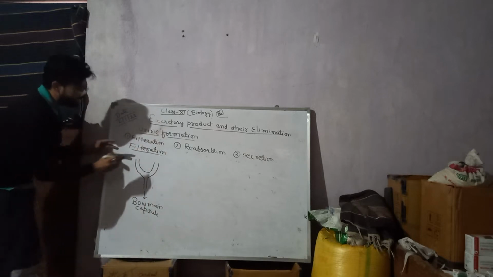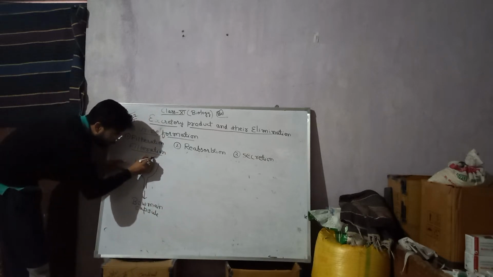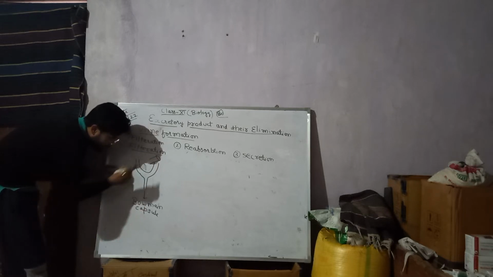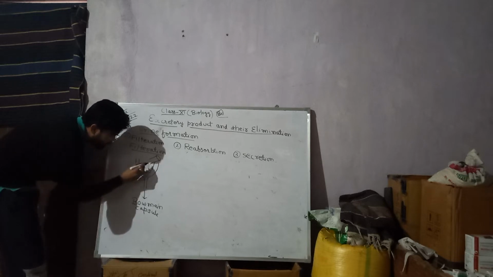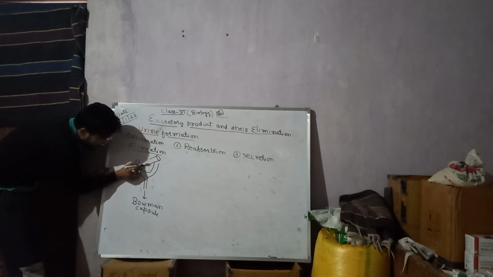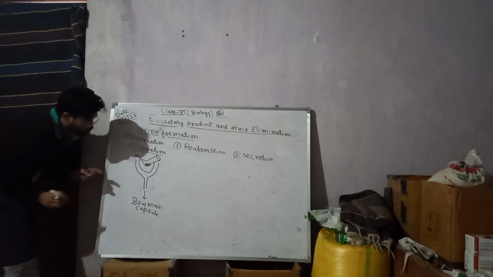Now, my dear students, here you observe one thick blood capillary. This thick blood capillary is entering this structure, and fine blood capillaries are also present, which help in filtration. Then it again moves on and forms a thin blood capillary.